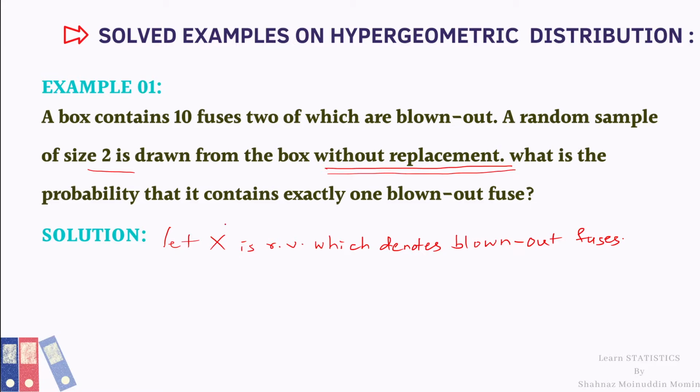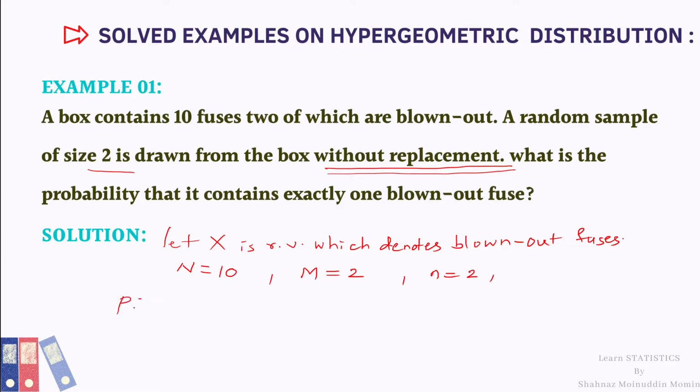Here we are given N, the total number of fuses in the box, that is 10. M, of which 2 are blown out. And a random sample without replacement taken is n equal to 2. Now we want to obtain the probability of exactly one blown out fuse.